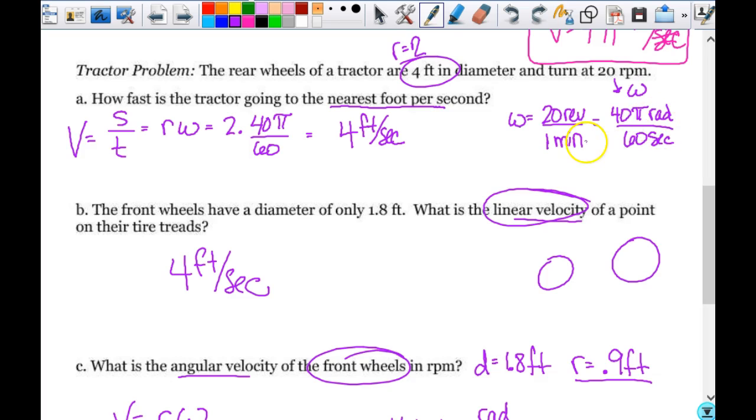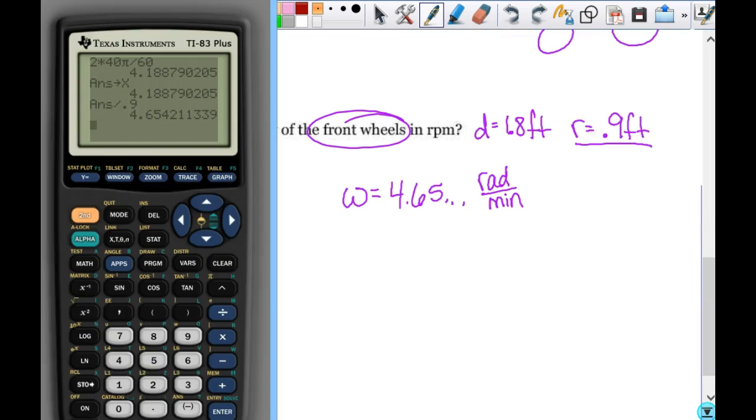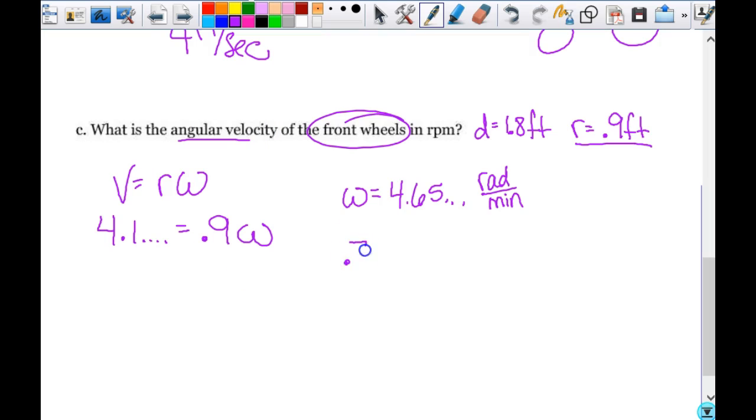So to get from radians to revolutions, I have to divide by 2 pi. And when you do that in your calculator, be careful, because unless you have one that's going to put that stuff in fractions for you, I have to open my parentheses, 2 pi, and close my parentheses, and then bam, 0.741, and it doesn't say to the nearest whatever, so we're going to go with 0.741 RPM.